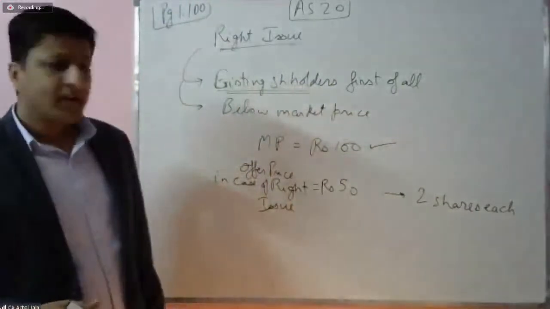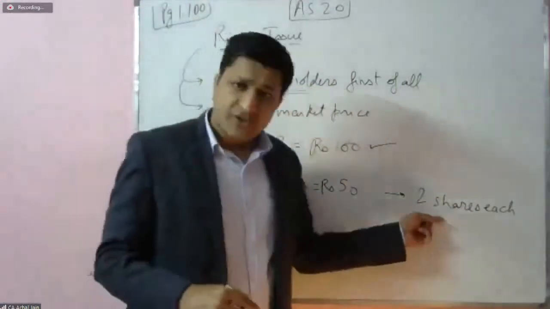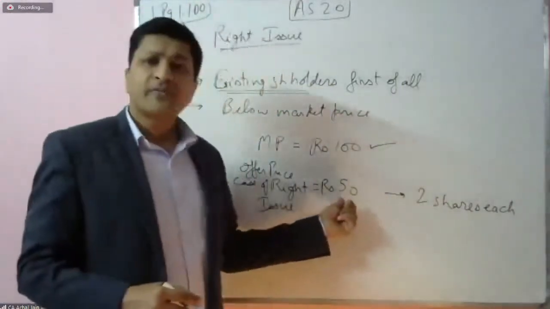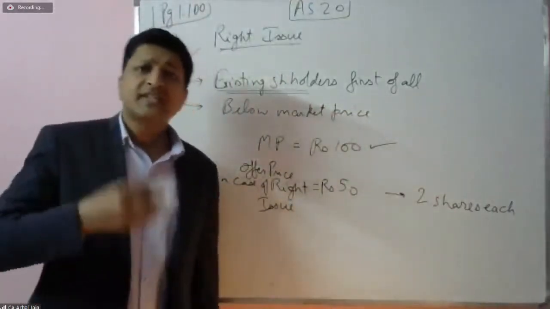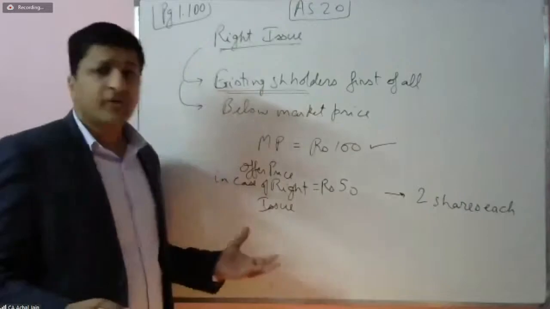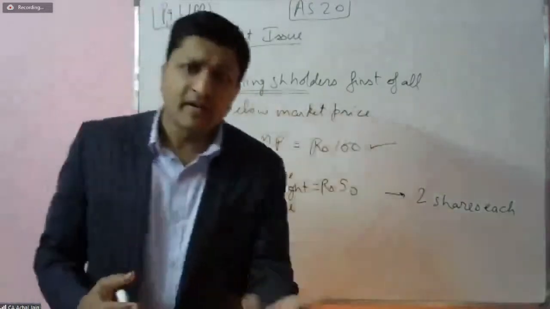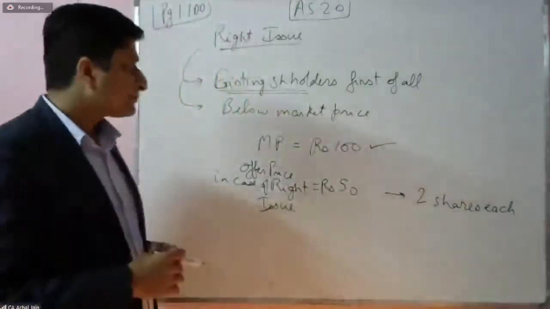Either we can say 2 shares have been issued at rupees 50, and we can also see this arrangement or this offer in some other manner. Let's understand this.